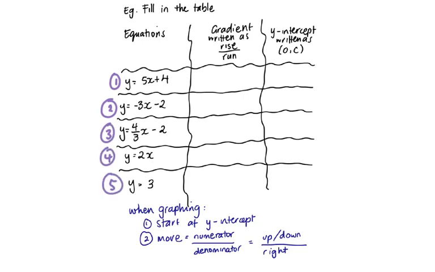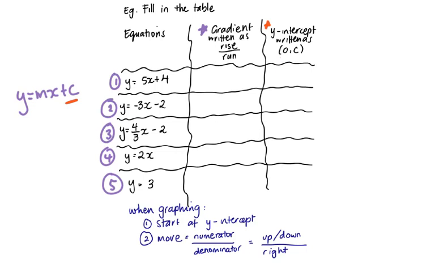And from the equations, we're going to use the form y equals mx plus c, where m is the gradient, and we're going to write it in the form of rise over run. And we're also going to do c, or the constant, and that is going to be our y-intercept, and we're going to draw it as the form of (0, c value).